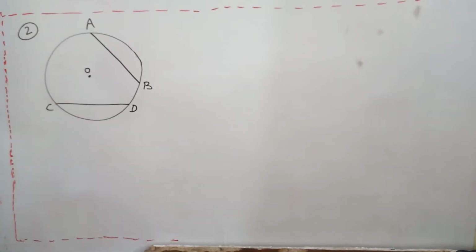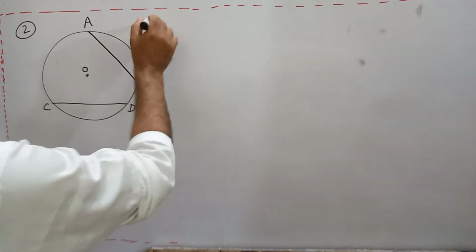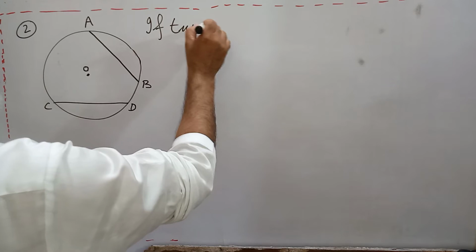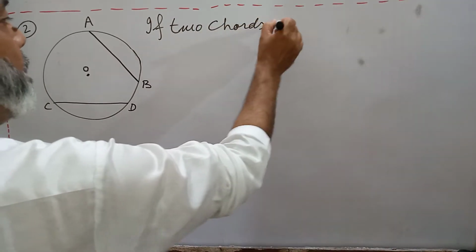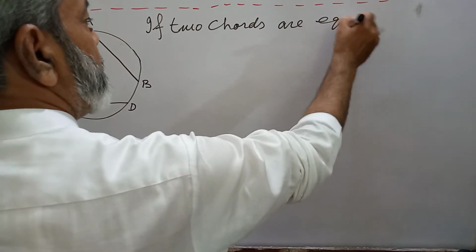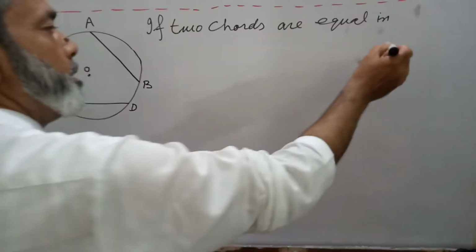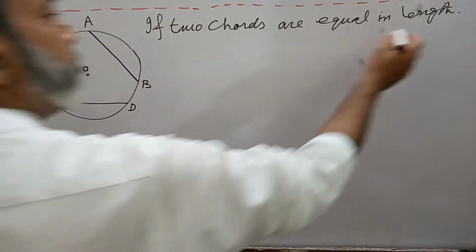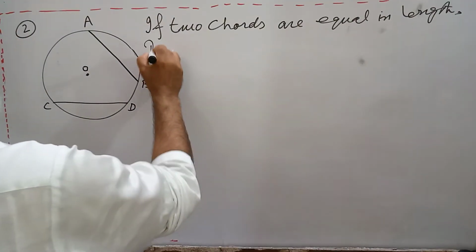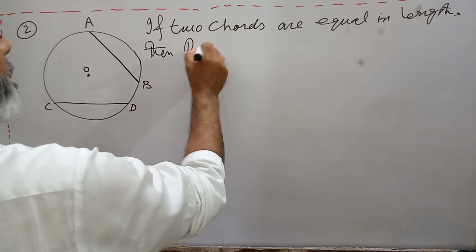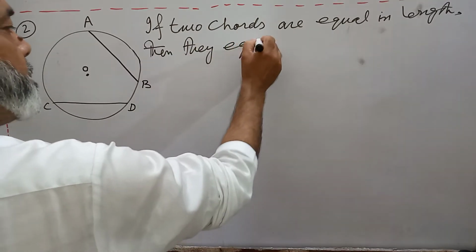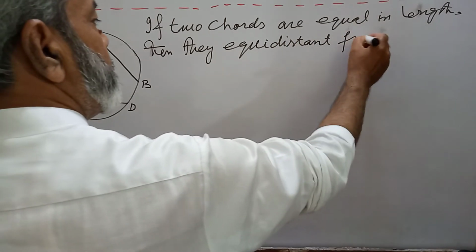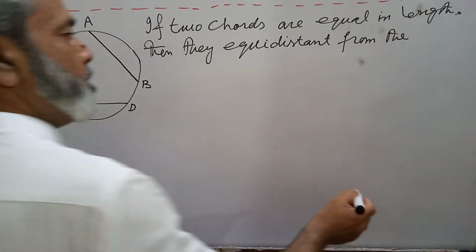The property is, if two chords are equal in length, then they are equidistant from the center of the circle.